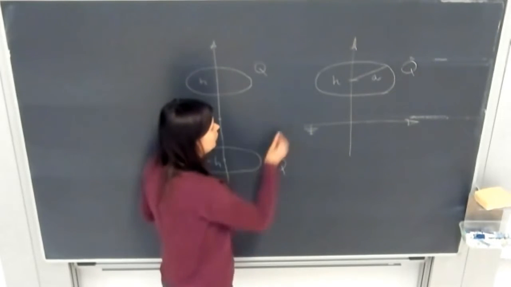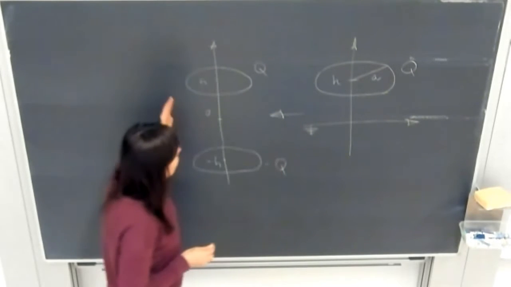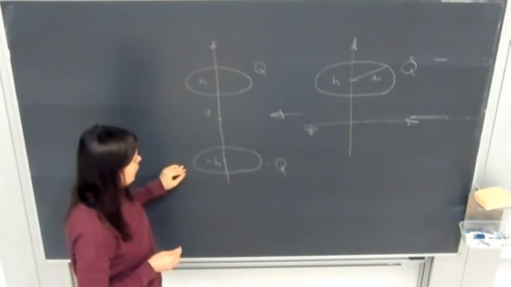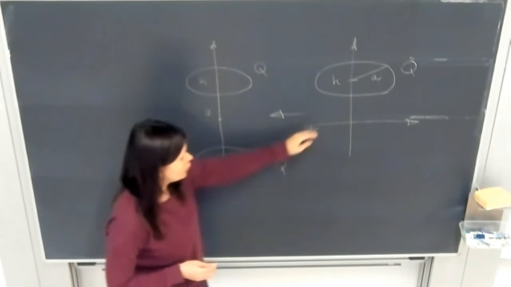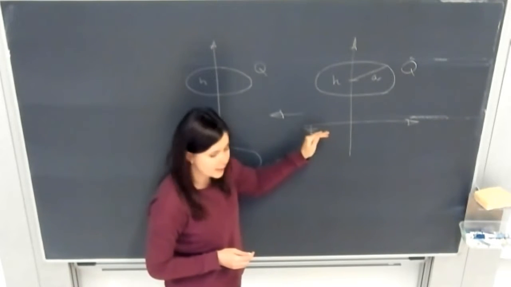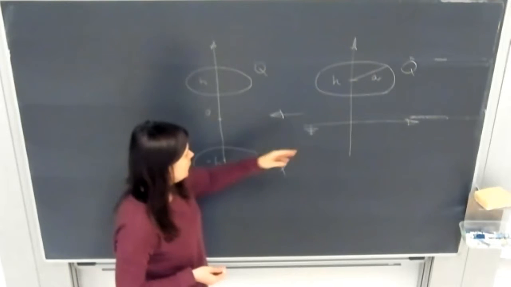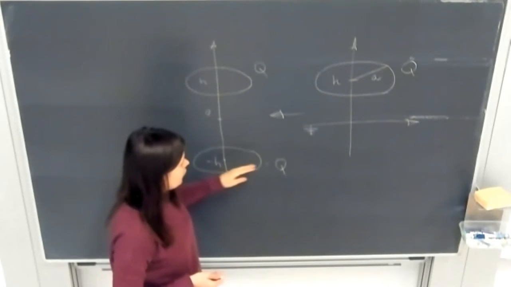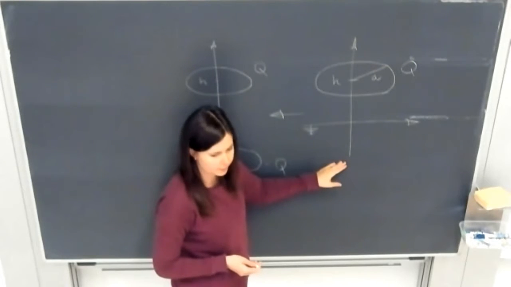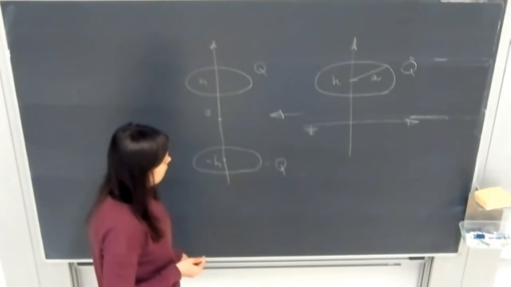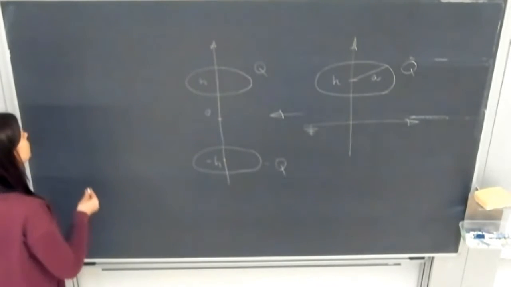And using the image method, I introduced here an imaginary charge minus q, which will be the charge on this grounded conductive plane. So it's a mirror charge. This charge doesn't exist, so there is no charge under the plane, just the mirror charge on the plane.